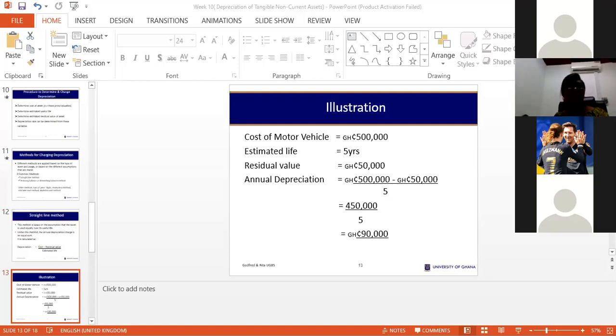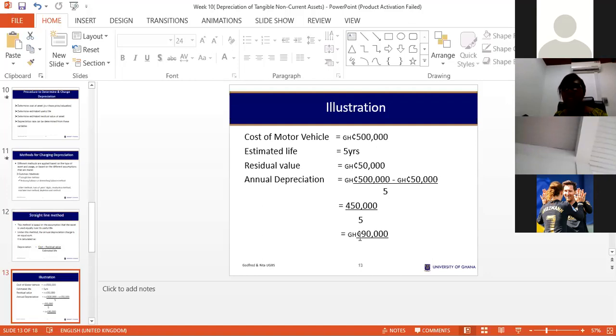And then we have the annual depreciation. So here, the 500 minus the 50, giving us a depreciation amount of 90,000.